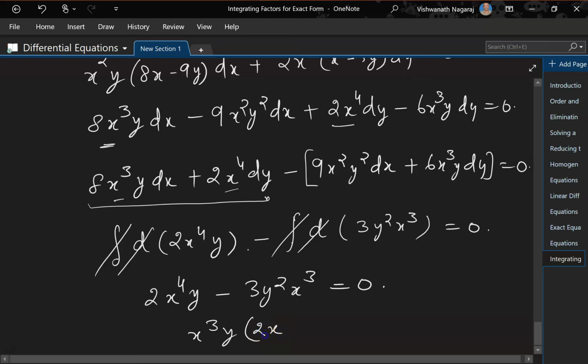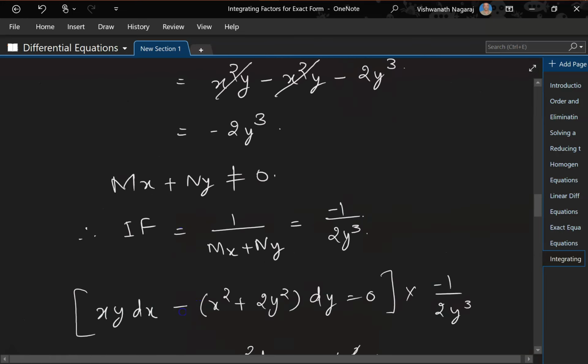So 2x minus 3y equal to C. This should again be C. Don't forget the integrating constant.